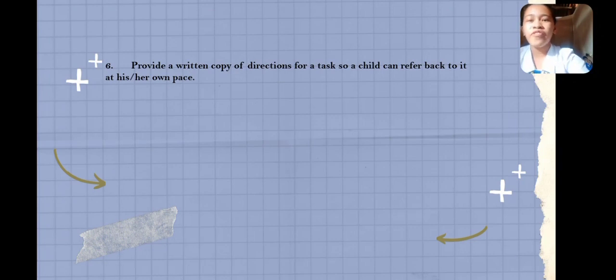Next, provide a written copy of directions for a task so a child can refer back to it at his or her own pace. Next, use gestures to clarify information.